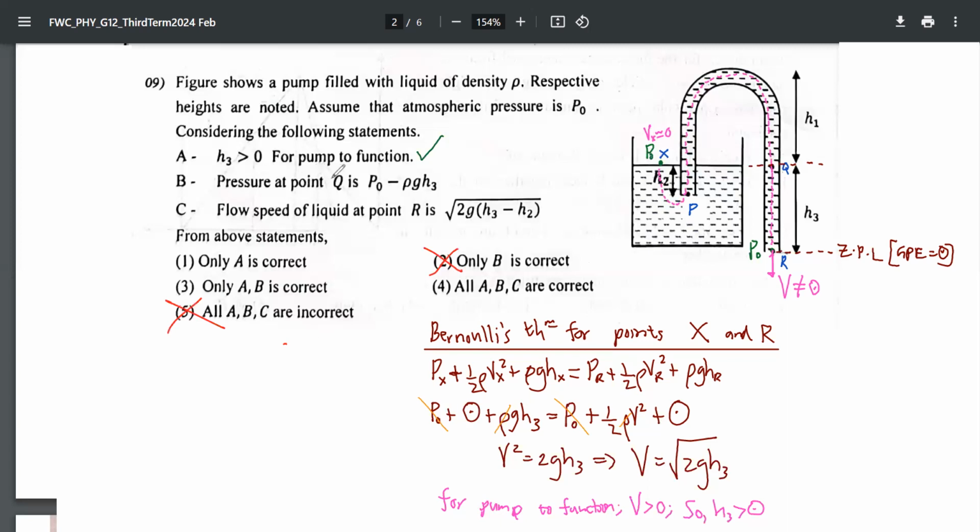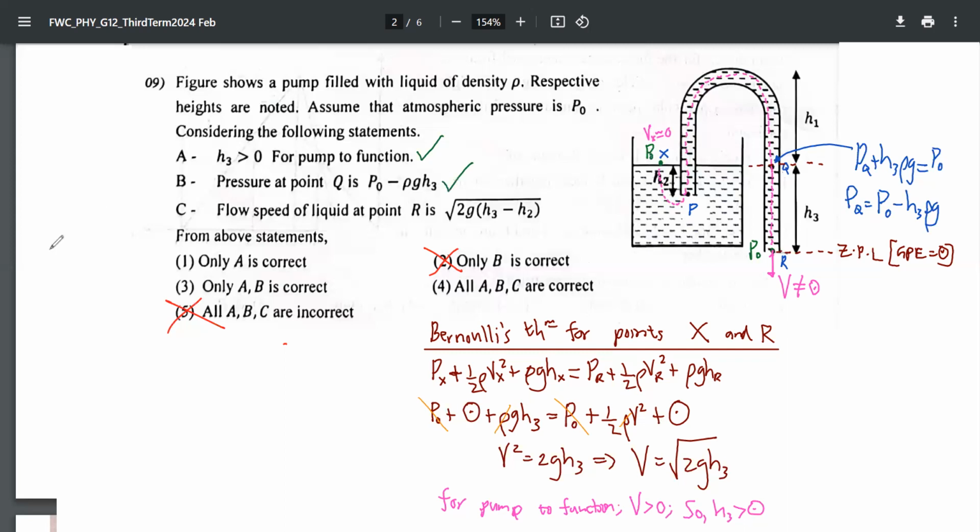Pressure at point Q. In your diagram, it was point B. What is the pressure at point Q? PQ plus H3 rho g is equal to P naught. Do you agree with me or not? Normal pressure equation. So PQ is equal to P naught minus H3 rho g. Is the second statement correct? Yes, it is.